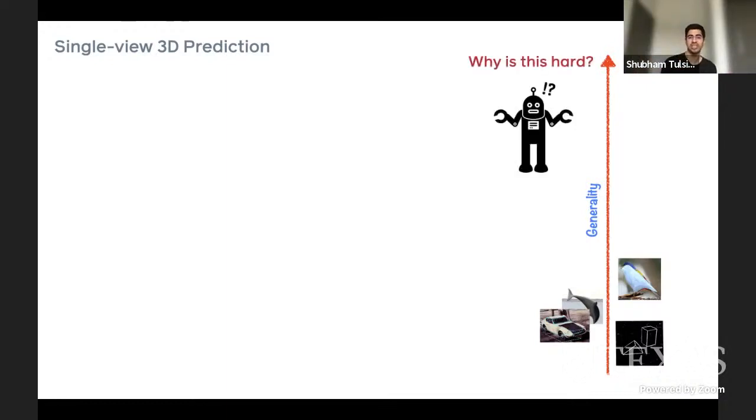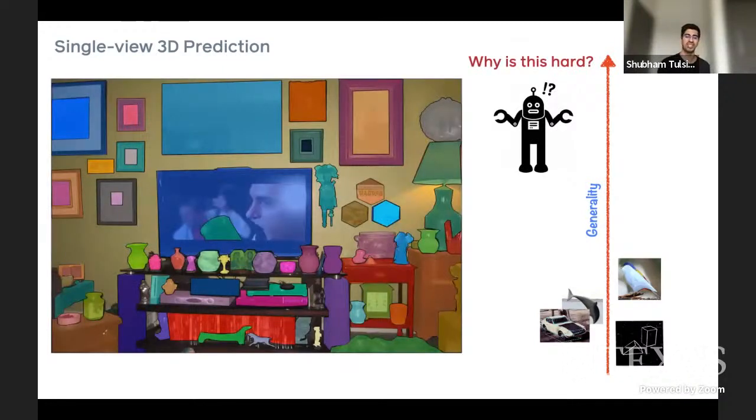And this is actually in stark contrast to what we have seen in object recognition, where, let's say, given the LVIS dataset, this is an image from the LVIS dataset, we really have systems which can detect and segment very generic objects in the wild in challenging image settings.